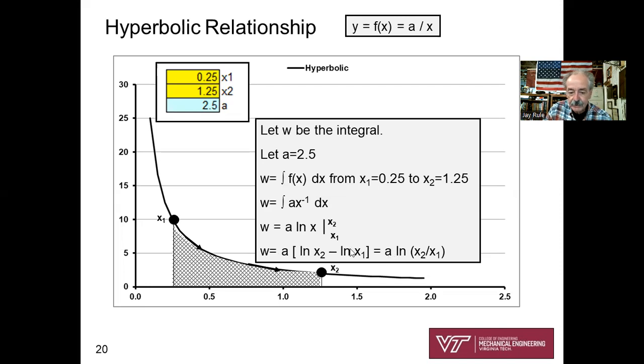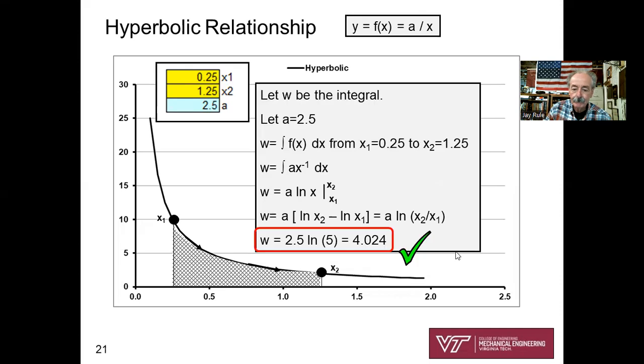A, there's our constant. Now, the difference between two logs is the natural log of the ratio of the two numbers. And so this is identical: a times natural log of x2 over x1. This makes our calculator work easier.